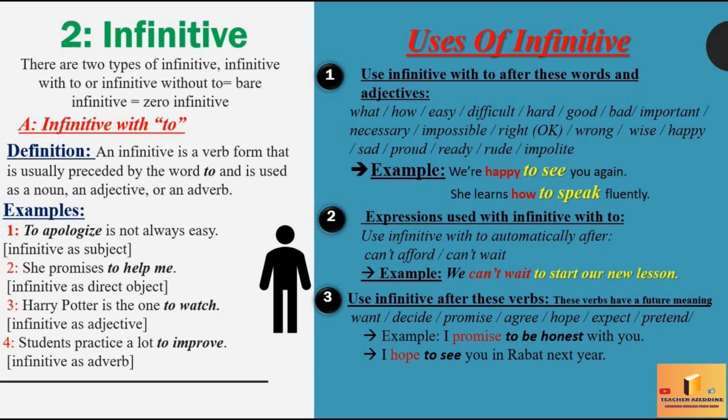Generally speaking, these verbs have a future meaning, like want, decide, promise, agree, hope, expect, pretend. Example 1. I promise to be honest with you. Example number 2. I hope to see you in Rabat next year.